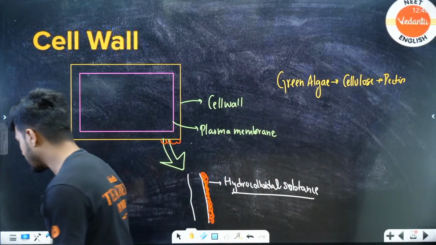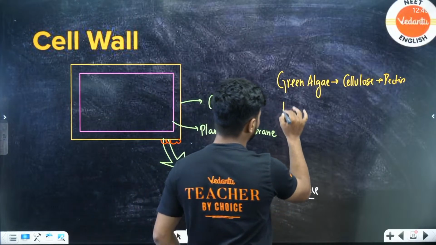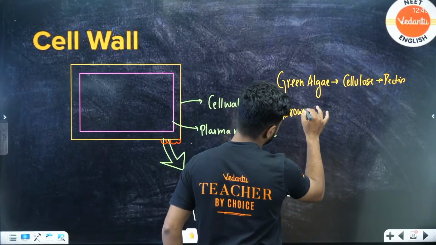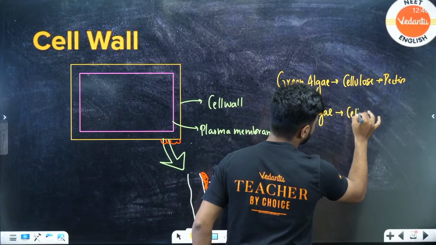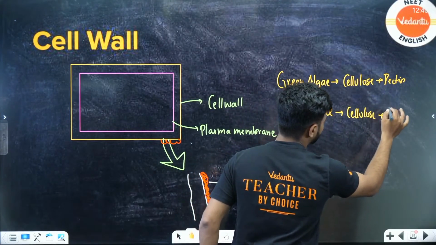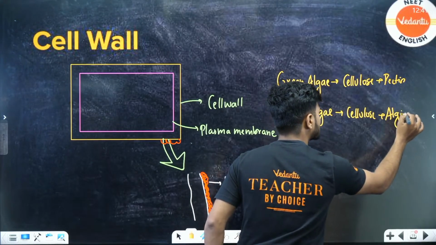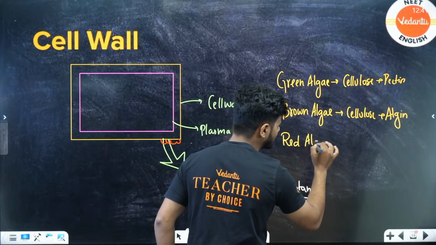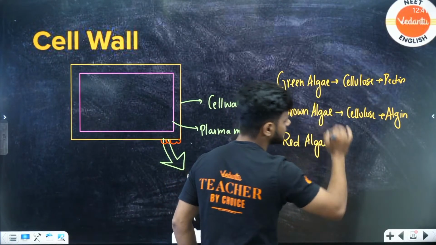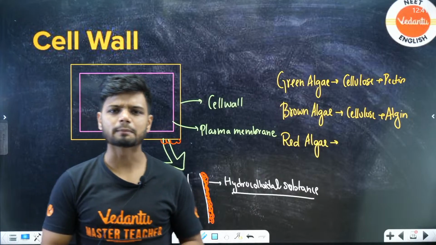But what about in the case of your brown algae? It is made up of cellulose plus algin. Now, what about red algae? Can anybody tell me in the chat? What is it made up of?